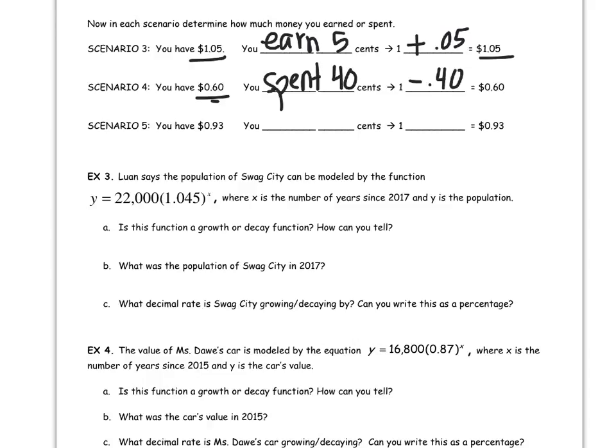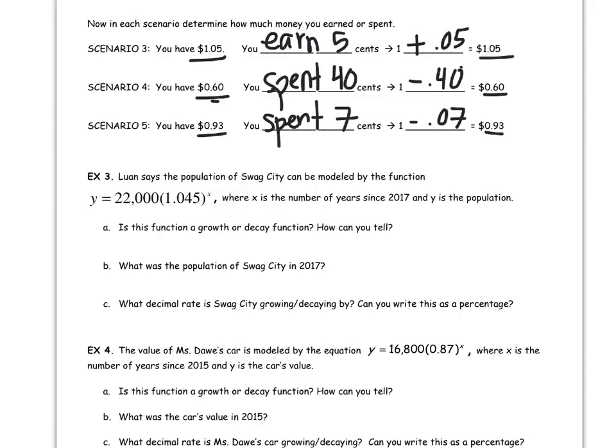That's how you write 40 cents, and you end up at 60 cents. Lastly, you have 93 cents. If you have 93 cents, you have less than $1. That means that you spent 7 cents. And to do that math, we would do 1 minus 0.07, and we get 0.93 left over.